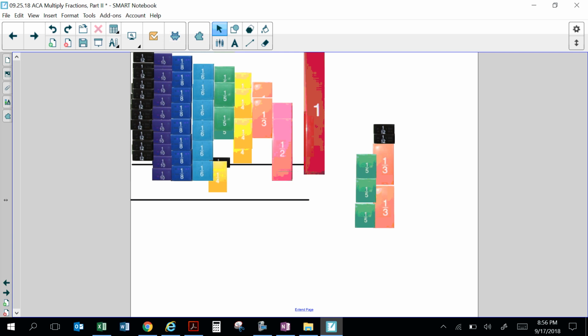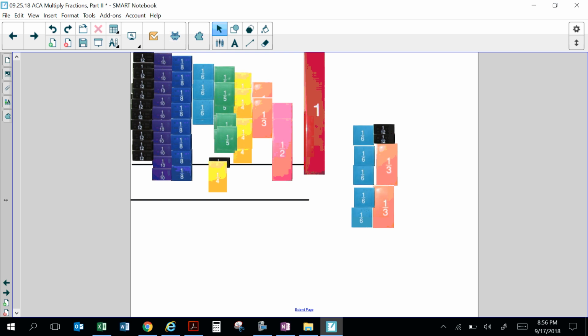Will this be equivalent to it? Not quite. Is it the sixths? 1/6, 2/6, 3/6, 4/6, 5/6. Well, it's supposed to be 5/6. So 5/6 is the answer.